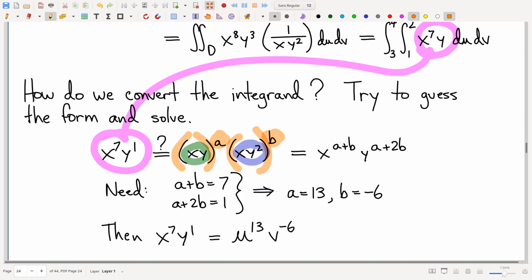So, short version, guess. Right? But guess based on the structure of what you have and what you want to achieve, and then speculate algebraically how you expect those things to relate.